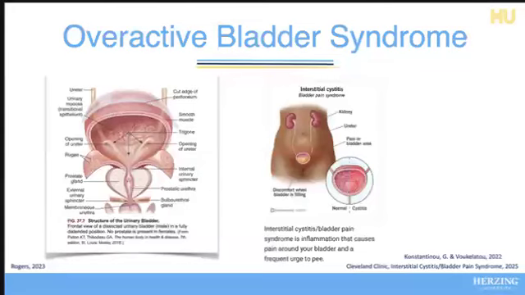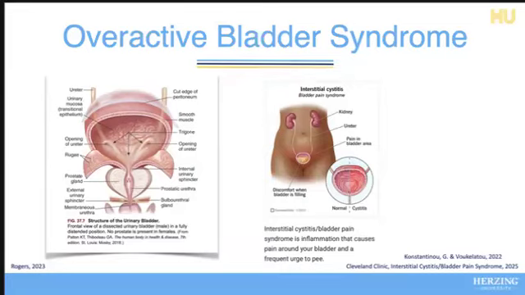While cystitis is treated with antibiotics, IC has no cure and is managed through various therapies to help relieve the symptoms. That chronic inflammation is present in interstitial cystitis, like the bladder pain, and it's often called bladder pain syndrome.